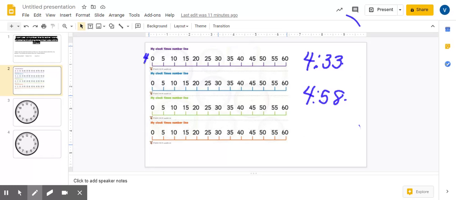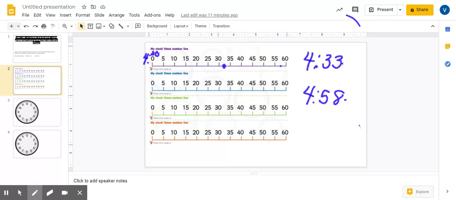So we started at 4 o'clock something, right? So we started at 4:33. So we can count by fives till we get to 4:30, 4:31, 4:32. Here's 4:33. Okay. And it says I ended at 4:58. Well, if I know this is 55, I need to add 3 more.